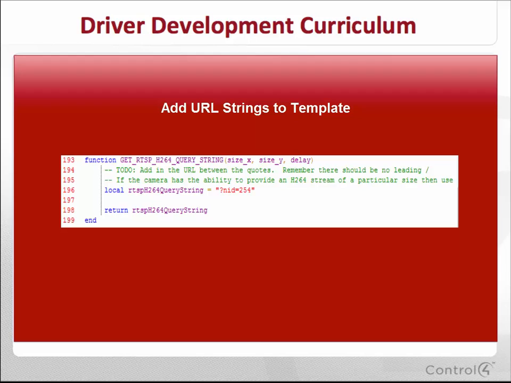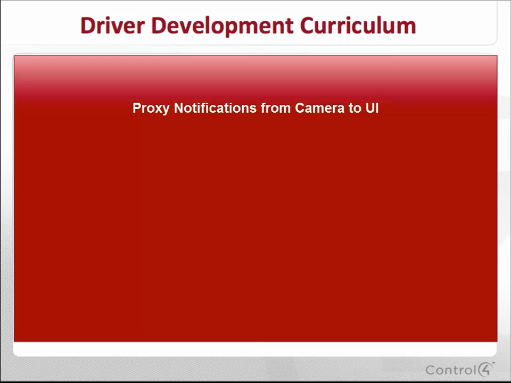Now that the template has the correct URLs, let's look at how to modify the template to handle communication between the camera and the Control4 system. To start, let's look at handling data flow coming from our camera to the Control4 user interface. We will call these data messages notifications.